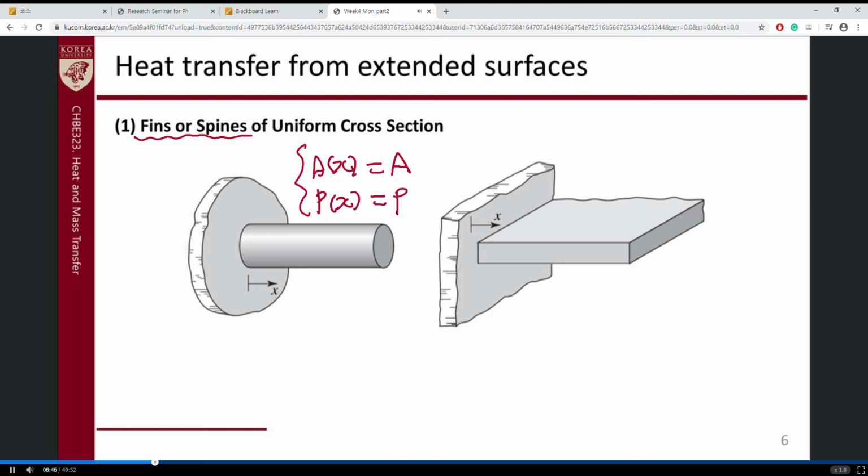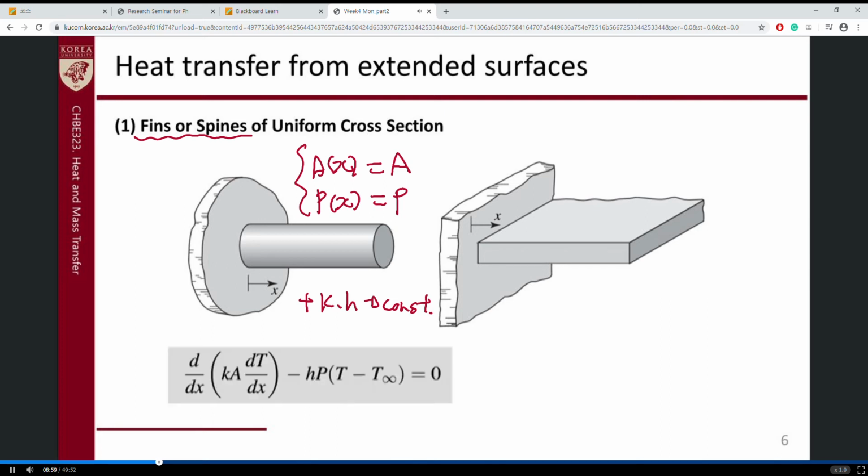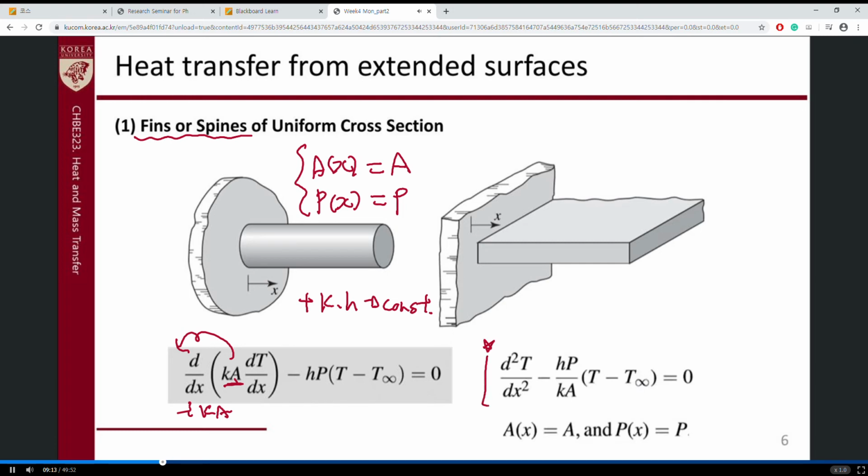Okay, and if we assume that k and all the coefficients are constant, then from these equations we can take this value out and divide by this value in all the equations, then we can get these equations.